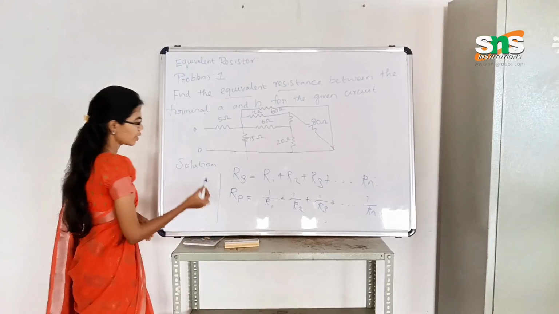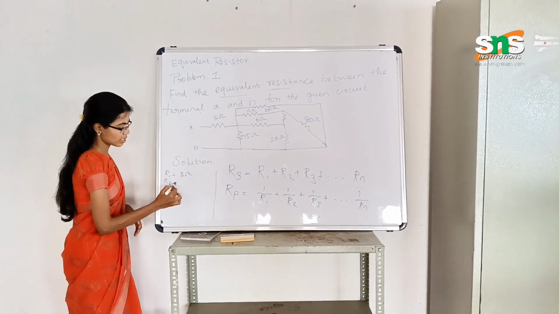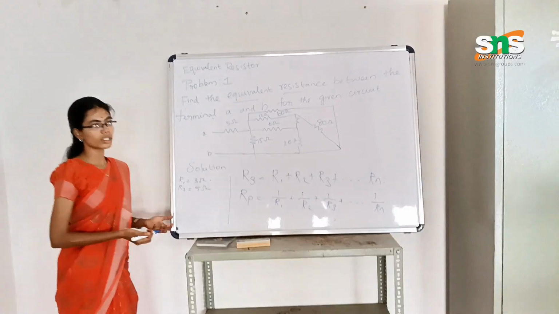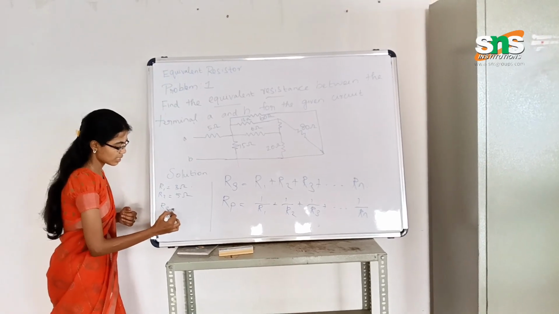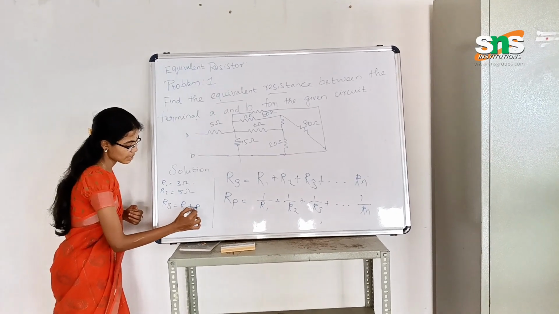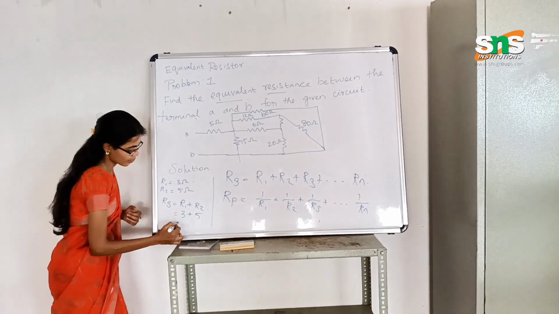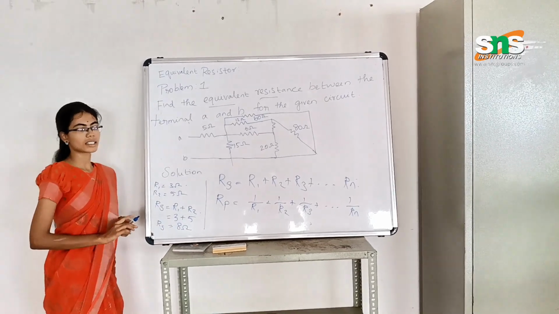For example, if 2 resistances, R1 is equal to 3 ohms and R2 is equal to 5 ohms, how are you going to solve this? For resistors connected in series, R series is equal to R1 plus R2. R1 is 3 and R2 is 5, so we get the answer 8 ohms for series.